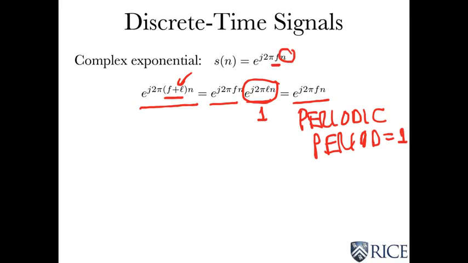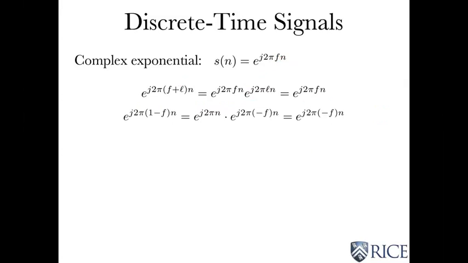We didn't have this for the analog complex exponential because t was any real number and f had to have units of inverse seconds in order for the exponent to be dimensionless. n here is dimensionless, that makes f dimensionless. All right, but this periodic behavior has an interesting consequence.